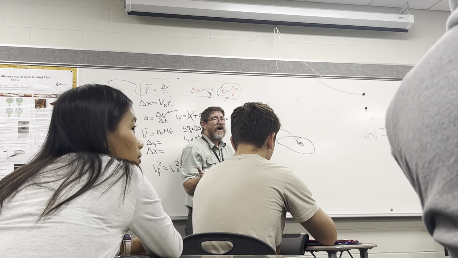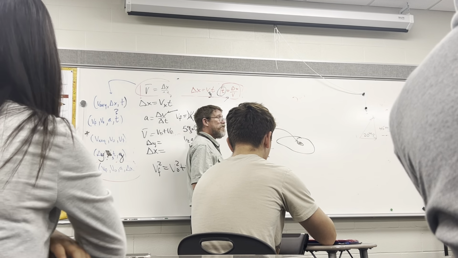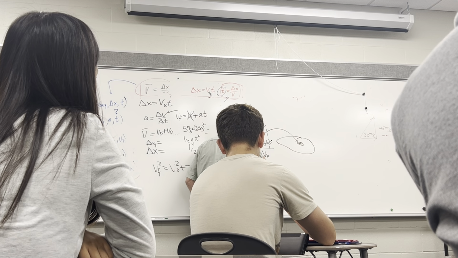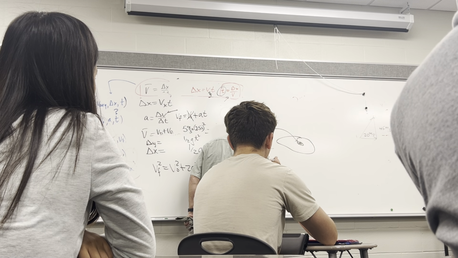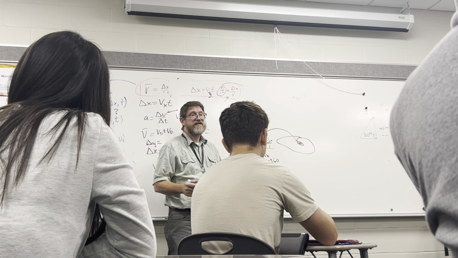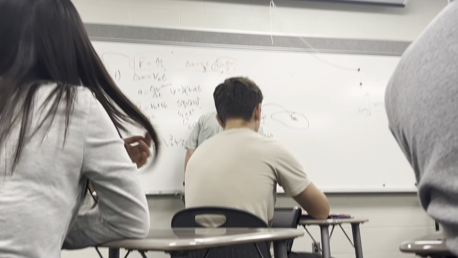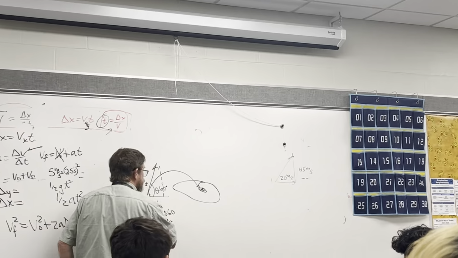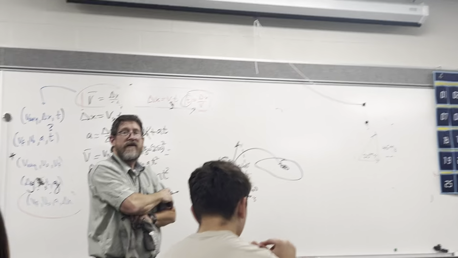Vertical velocity, Y. And so that's going to be the cosine part. 15 cos 60. Now cosine of 60 is 0.5, which is sine of 30. And so this is going to be 7.5 meters per second as it goes flying that way.